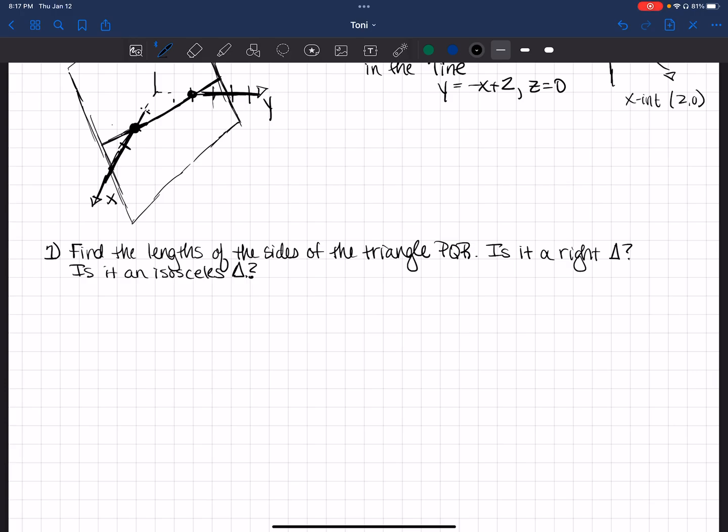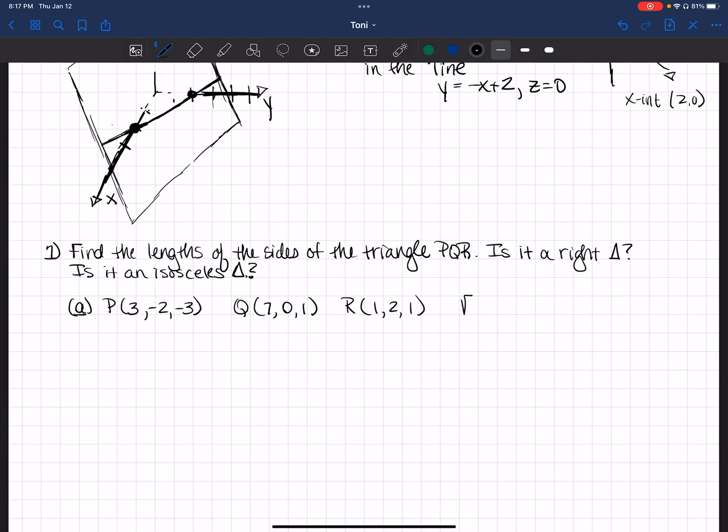All right, so number 7, we have A says P is (3, -2, -3). Q is (7, 0, 1). And R is (1, 2, 1).